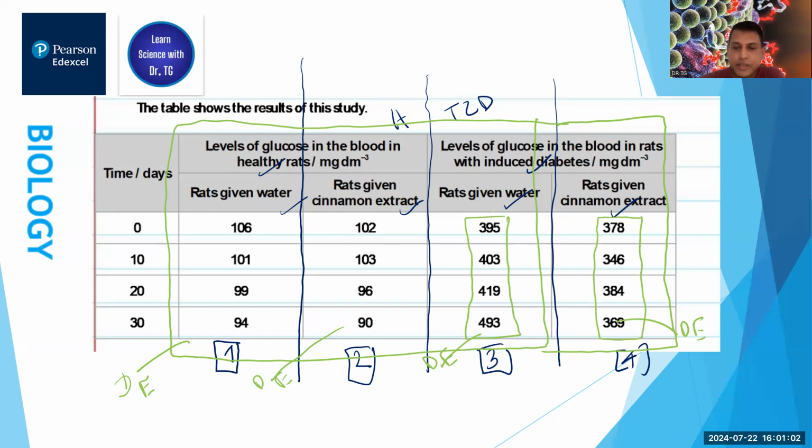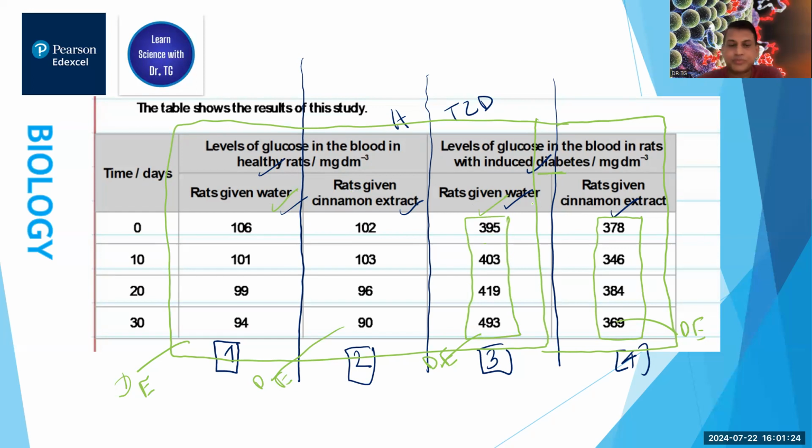That means the glucose level is high as they have diabetes. We can compare these values with the rats given water here and rats given water here. So generally the diabetes group treated with water is higher. That's a kind of comparison.